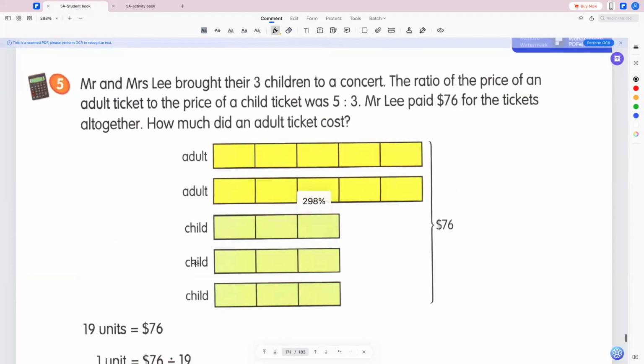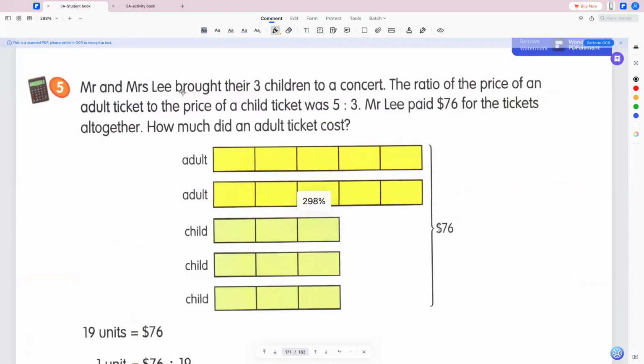Mr. and Mrs. Lee brought their 3 children to a concert. So it's 5 people in total, right? Mom, dad, and then 3 kids, 5. So we have 2 adults and their 3 kids. The ratio of the price of an adult ticket to the price of a child ticket is 5 to 3.